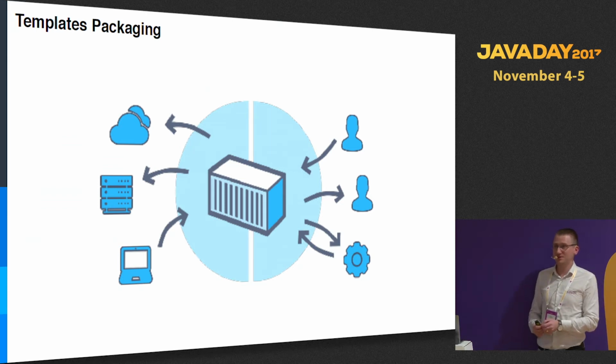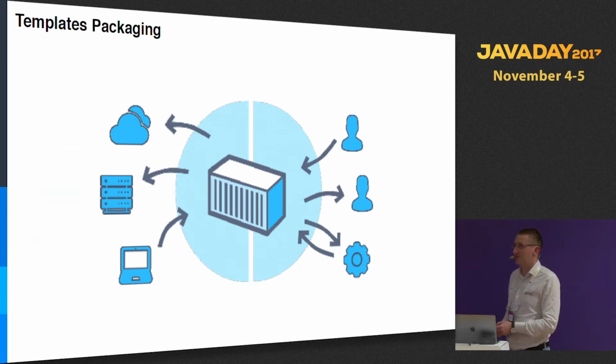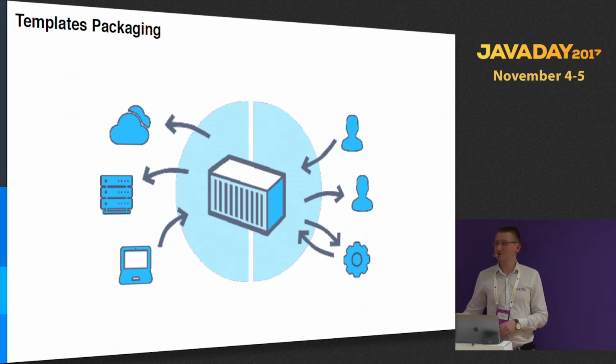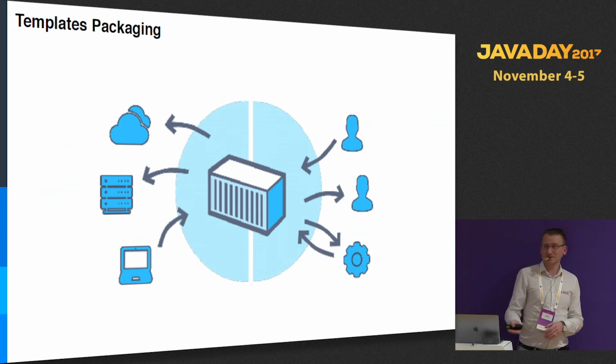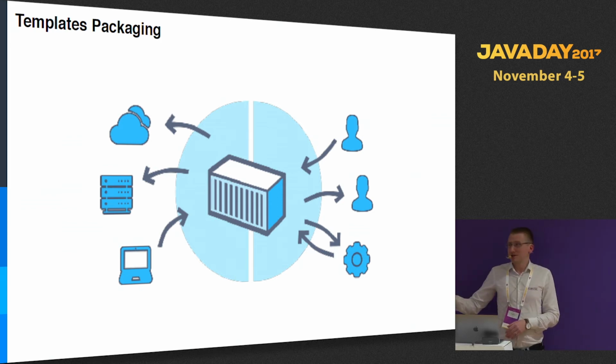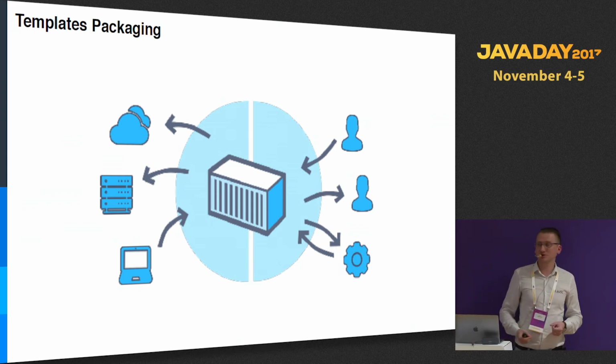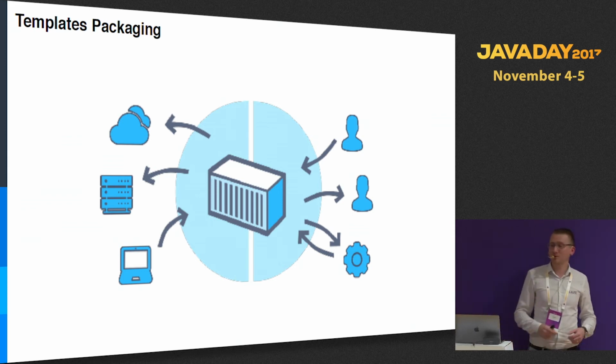So things like Ansible, Puppet, Chef are really not needed anymore, because orchestration software can do everything else, and the templates can be just packed into smaller images, which can be spun up on the fly very quickly.